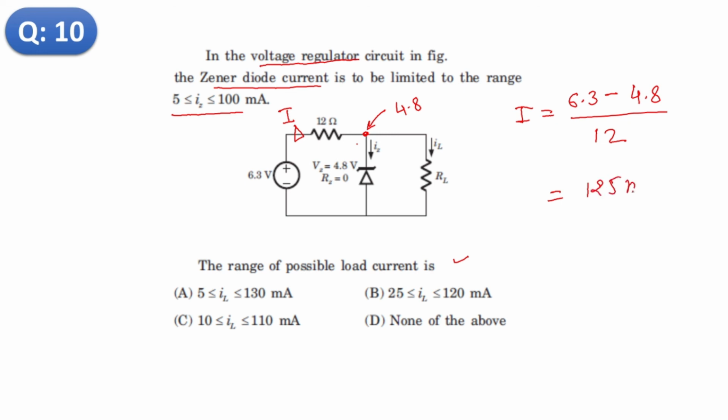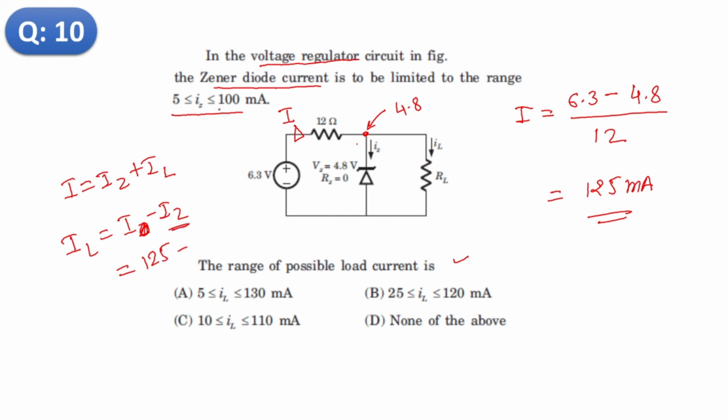So it will be 125 milliampere. Now we have I equal to IZ plus IL. We require IL, so IL will be I minus IZ. Here I is 125 milliampere. 125 minus IZ.